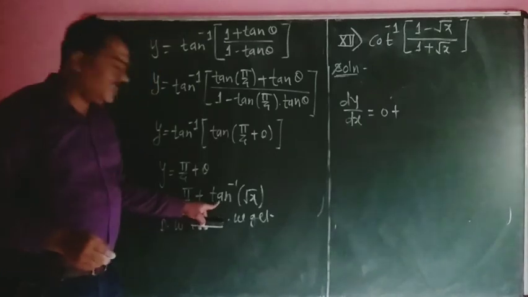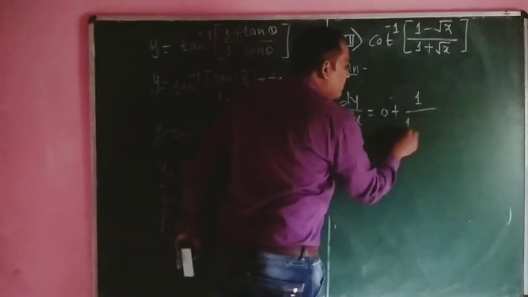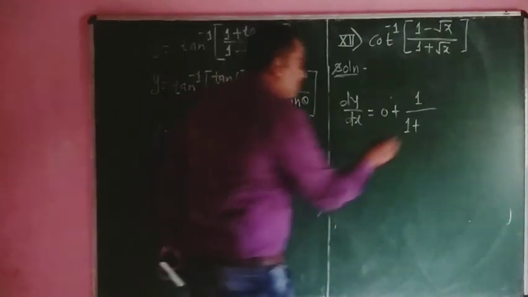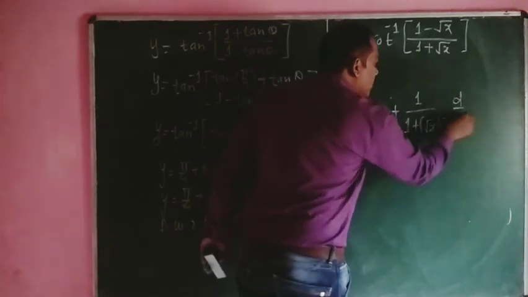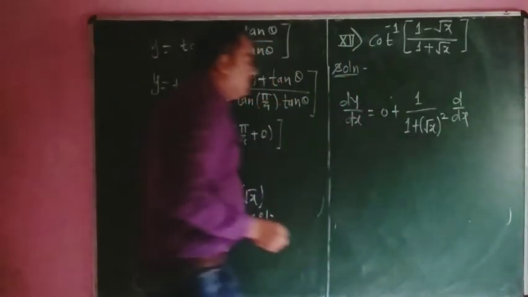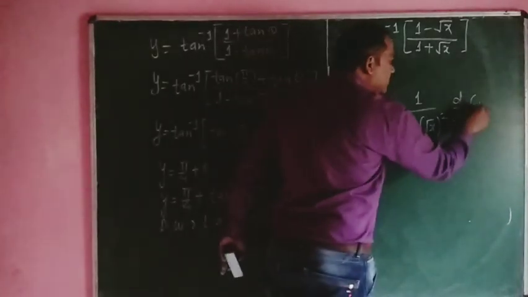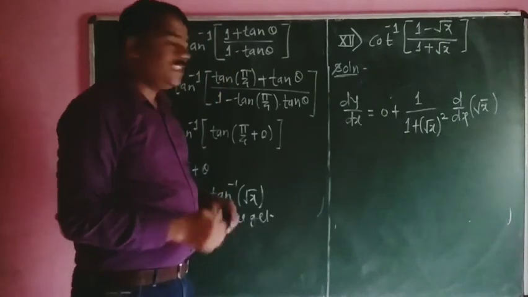Now we have to know that the derivative of tan inverse of x is 1 upon 1 plus x square. Instead of x we take root x, that is root of x bracket square, into d dx of this root x, because it is a composite function of an inverse function and an algebraic function.